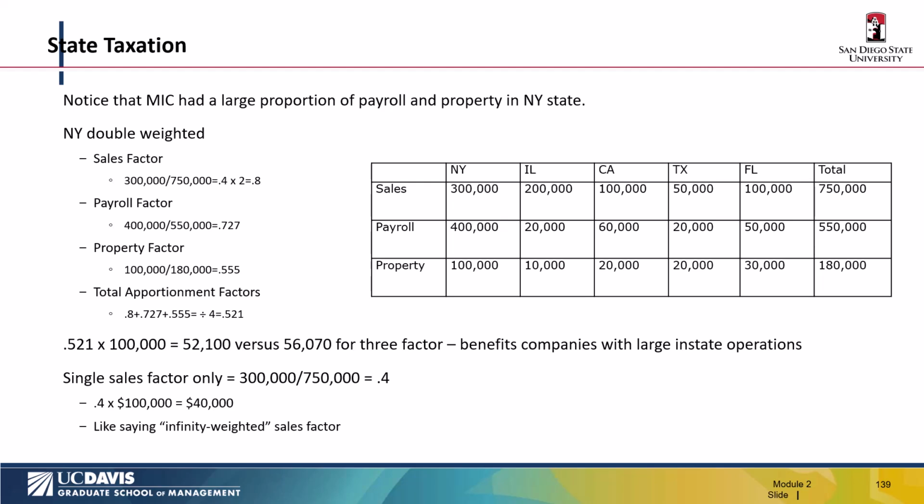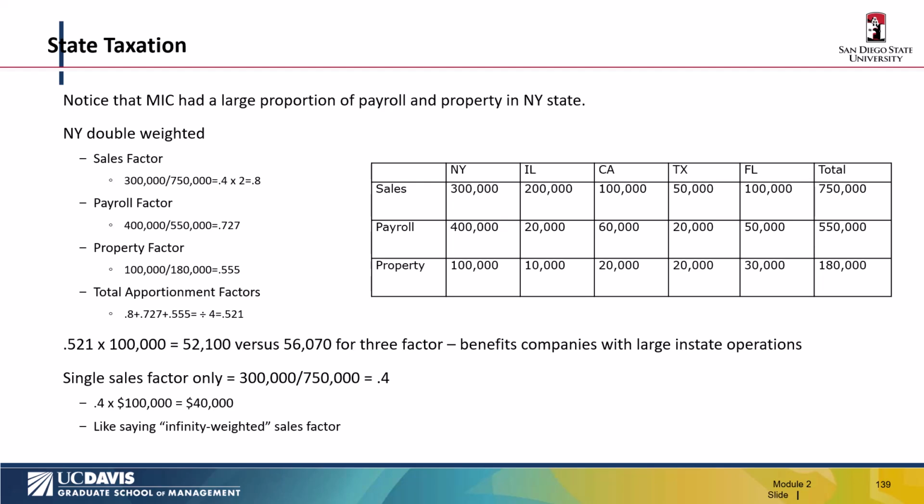So what if we said, oh, well, then it's triple weighted sales or quadruple weighted sales? Well, what's going to happen is more and more the sales factor, which you can see is distributed more evenly across the states, is going to drive the amount of tax in New York State as well, because we're ignoring, or it's becoming less relevant, how much payroll and property you have.